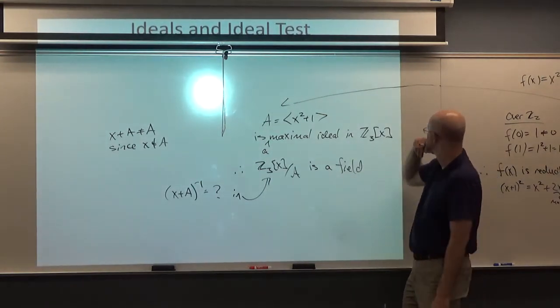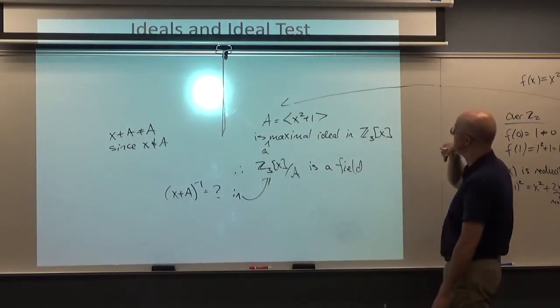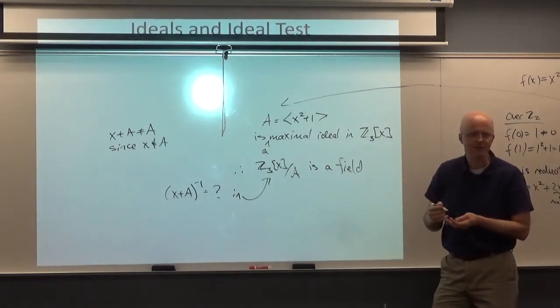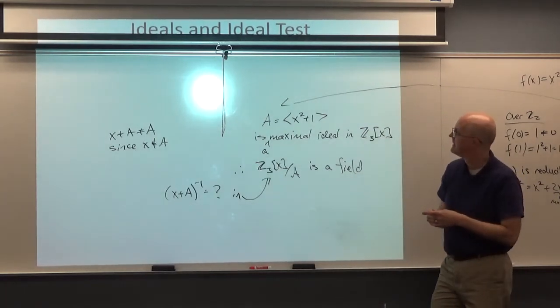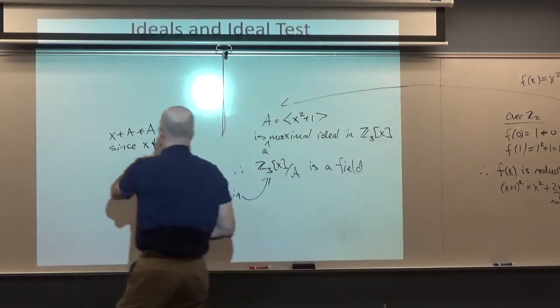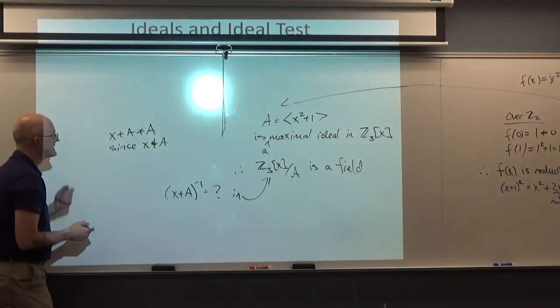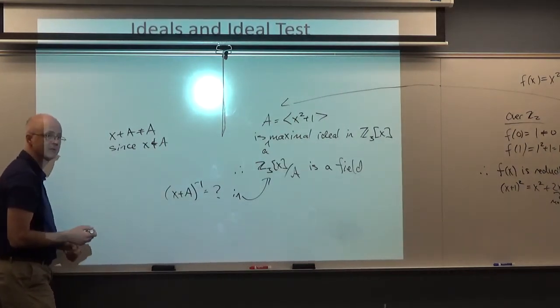Is that obvious? I'm not sure it's completely obvious, but just trust me on that, because what if the modular arithmetic makes a bunch of things cancel to 0? I haven't proved that, but let's just take that as something that's true. So this is non-zero, so this should have an inverse.